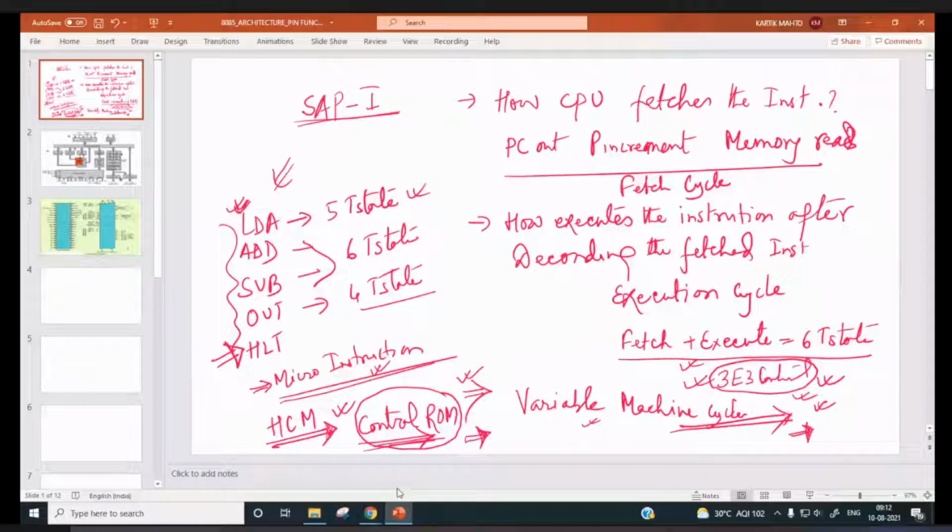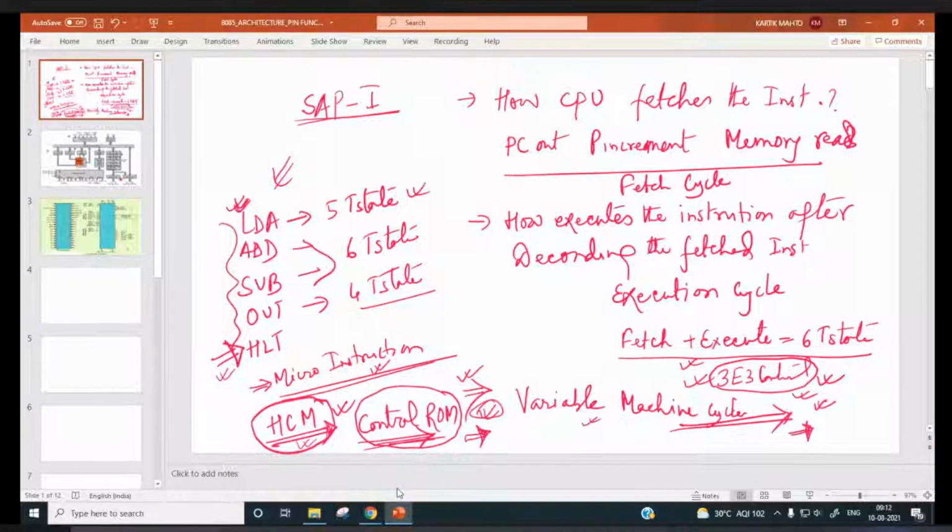So micro instruction as control ROM. Control ROM is the solution for the hardware control matrix when the number of instructions is more, because designing of the hardware control matrix will become very, very complex. If the number of instructions increases, then we go for control ROM, and in control ROM we can very easily store the micro instructions.